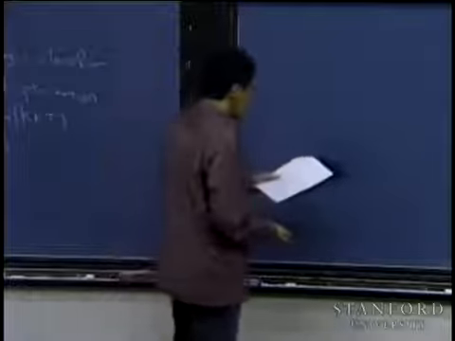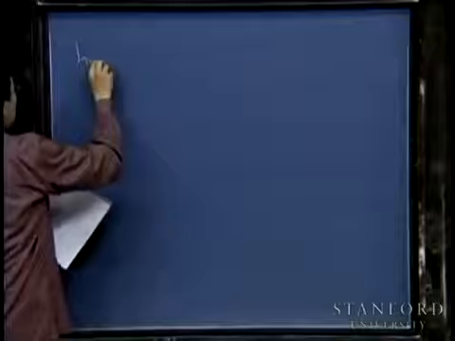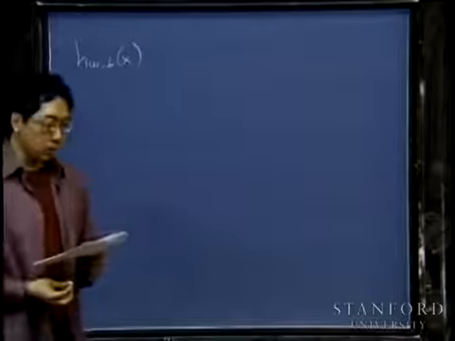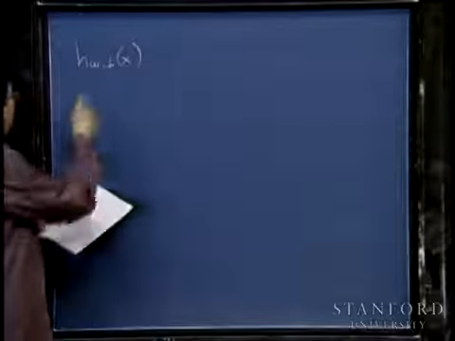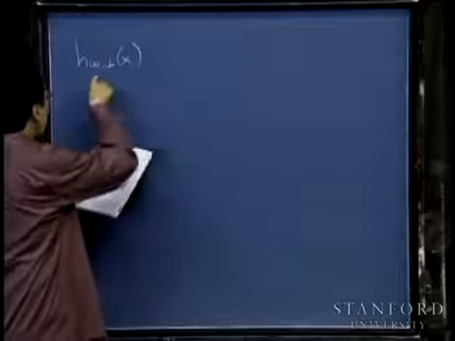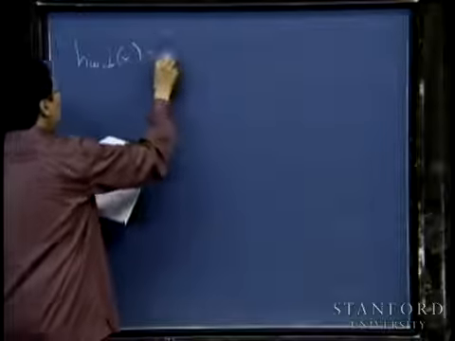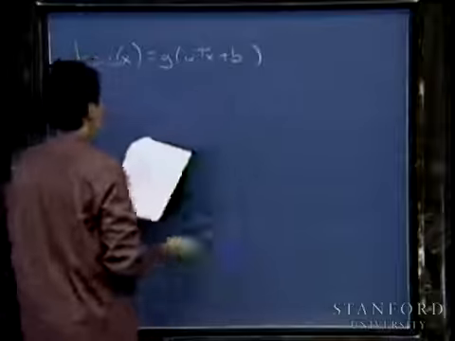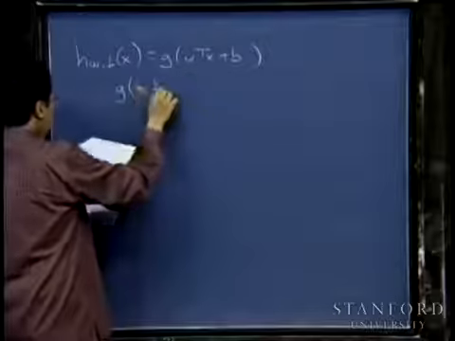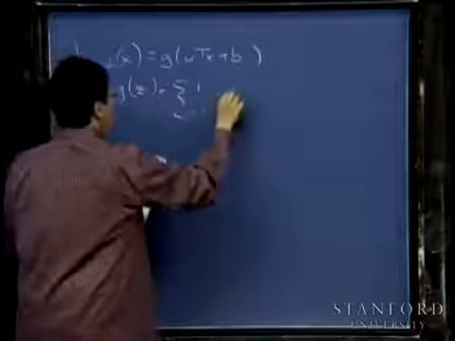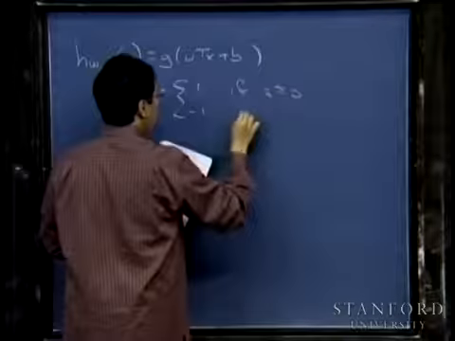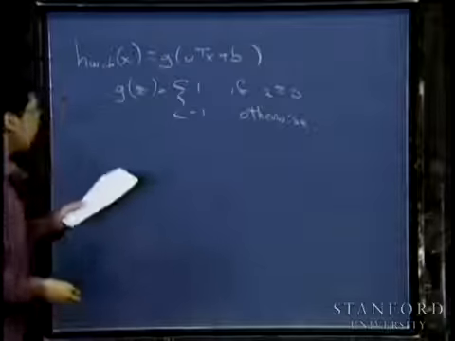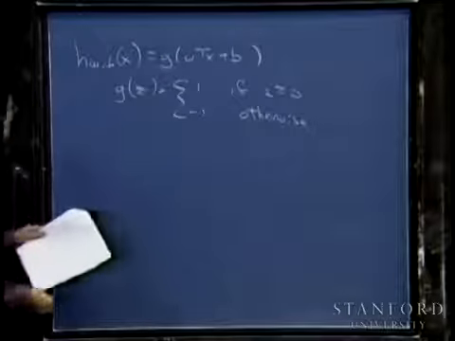Just to recap what we did in the previous lecture, as we were beginning our development of support vector machines, I said that our hypothesis will be represented as h subscript w,b of x equals g of w transpose x plus b, where g will be plus 1 or minus 1, depending on whether z is greater than or equal to 0.